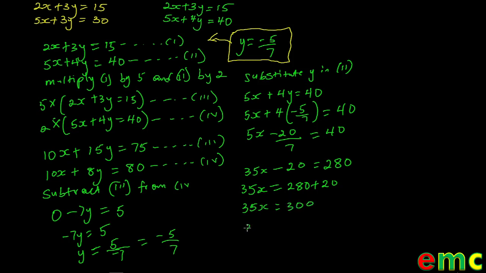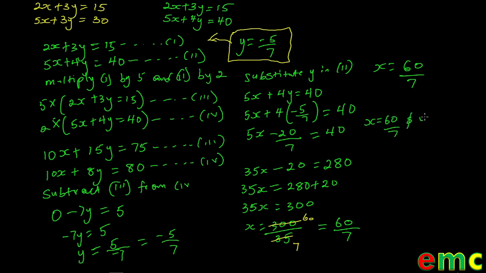Dividing through by 35, x is 300 over 35. If we divide 35 by 5, that gives us 7. If we divide 300 by 5, that gives us 60. So x is equal to 60 over 7 in the lowest term. So from this equation, we have x equal to 60 over 7 and y equal to minus 5 over 7.